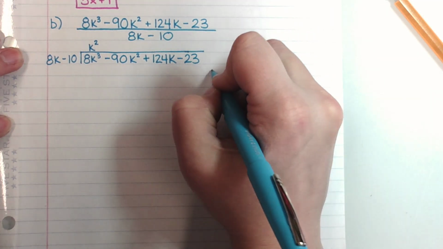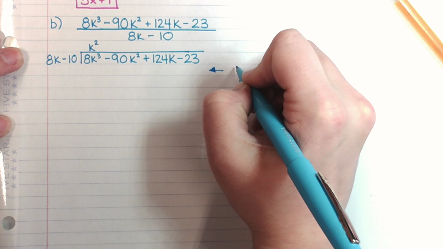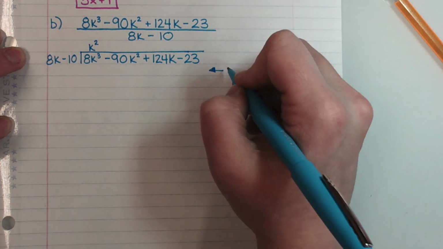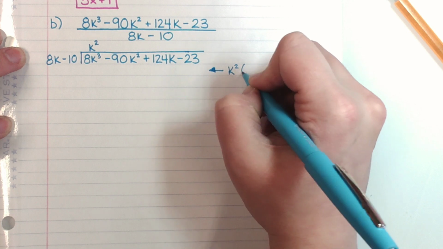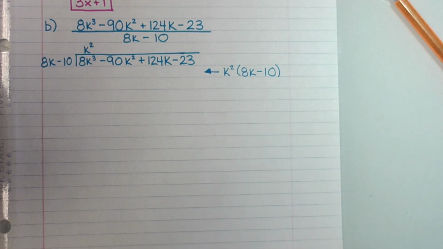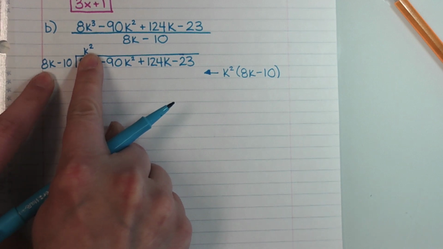Okay. Then off to the side, I write out what I'm multiplying. What am I actually multiplying here? K squared is getting distributed into 8k minus 10. What you just got multiplies by what you're dividing by.